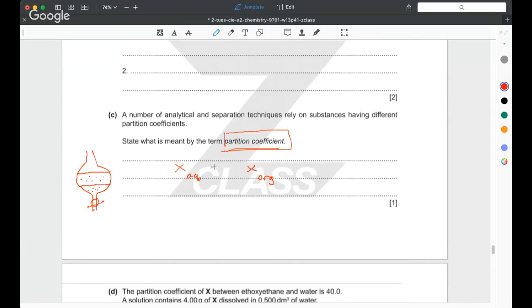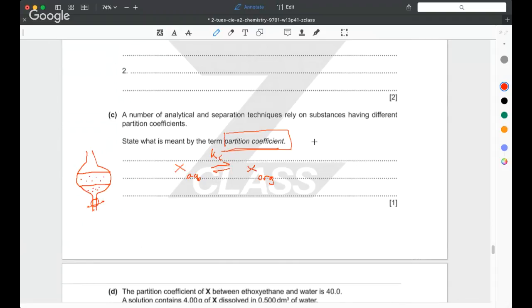And you've got a dynamic equilibrium with these particles of X continually moving from the organic phase into the aqueous phase, and from the aqueous phase back into the organic phase. And because you've got an equilibrium here, you can write an equilibrium constant. And you can have that equilibrium constant in terms of concentrations.